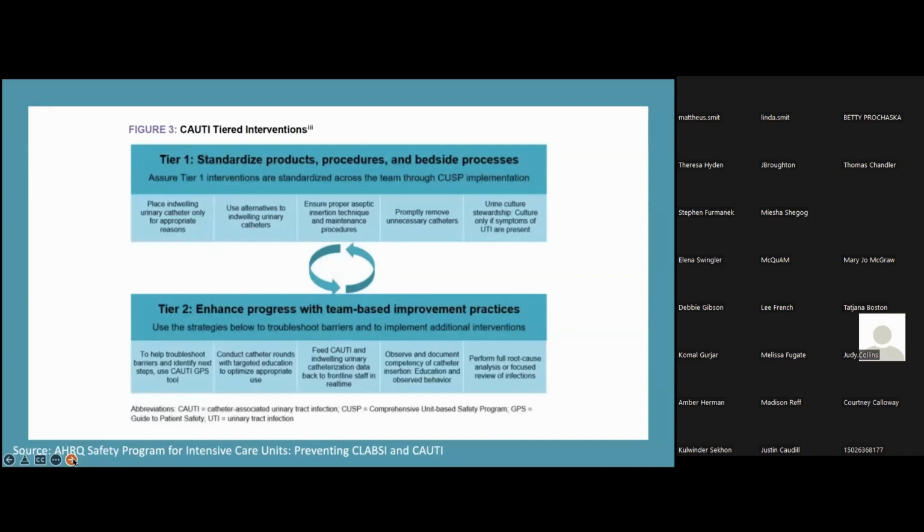So just as we saw with the CLABSI tiered interventions, here you can see that outlined as both tier 1 and tier 2. Again, not a ton of huge changes here, with some small additions like our urine culture stewardship and also alternative types of urinary catheters.